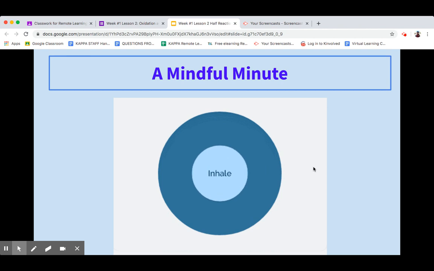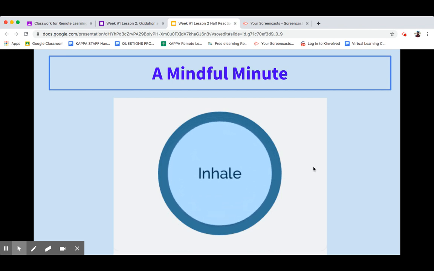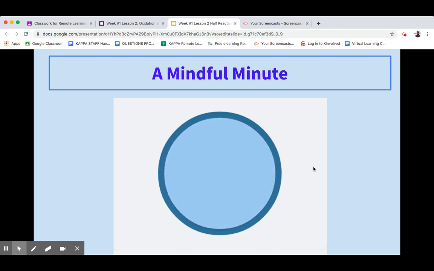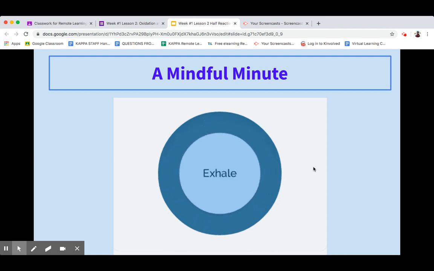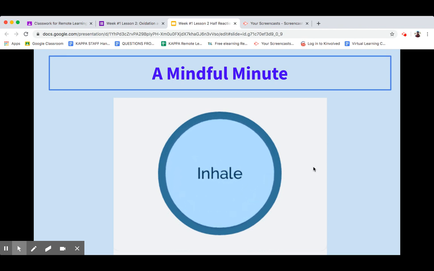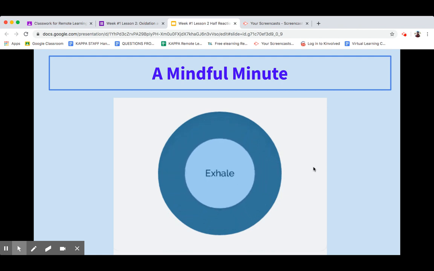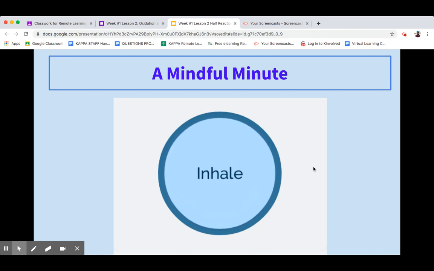Inhale that fresh, energizing oxygen. And exhale that stale carbon dioxide and any tension or stress. Inhale, energizing oxygen. And exhale carbon dioxide and any stress or tension. And allow your breathing to return to normal.